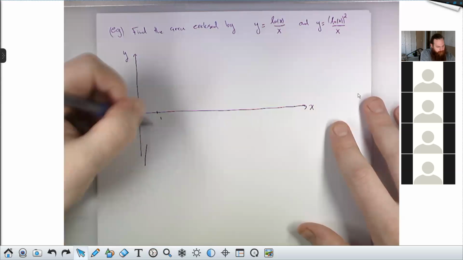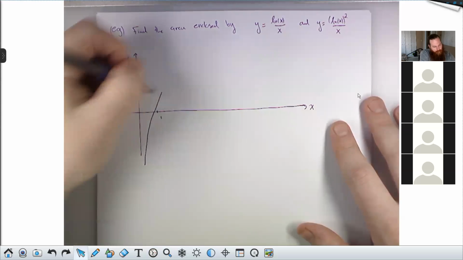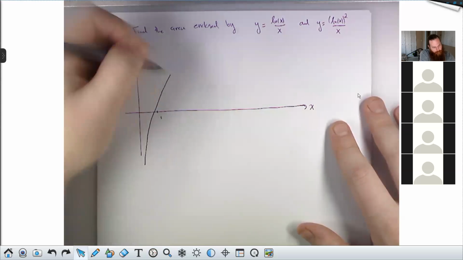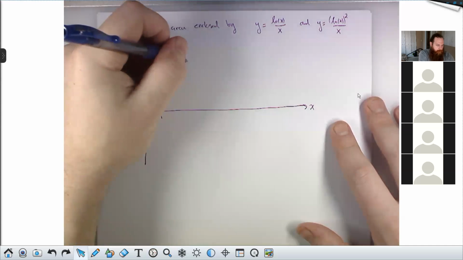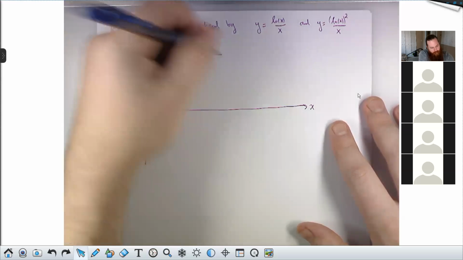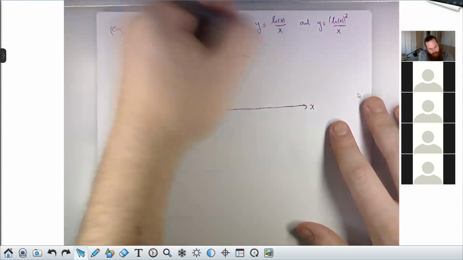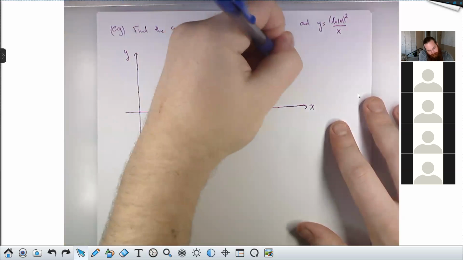comes up like this, comes up here to a max value, and then sort of chills out. And then eventually he'll turn around and start going back down towards the x-axis, but it takes him a while to do it. So he looks like this.